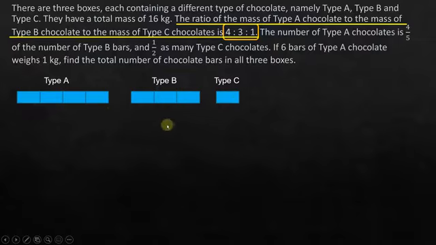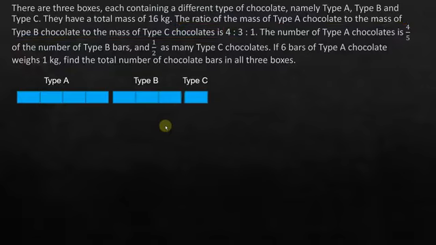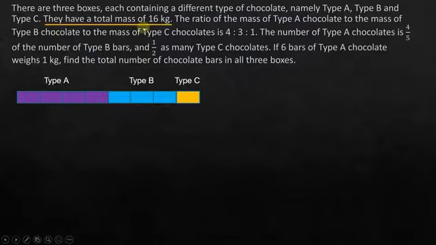So now let's bring them together first, and then we just color code them so we know that this is type A, this is type B, and type C. That's just for ornamental purposes. And they have a total mass of 16 kilograms. So this whole thing is 16 kilograms. Now we have some clarity.